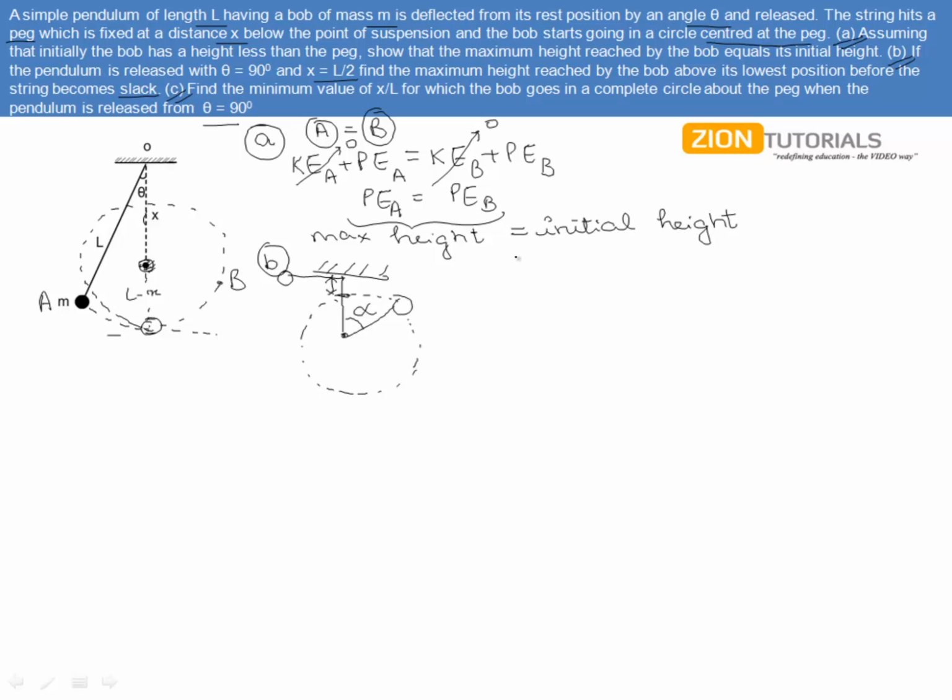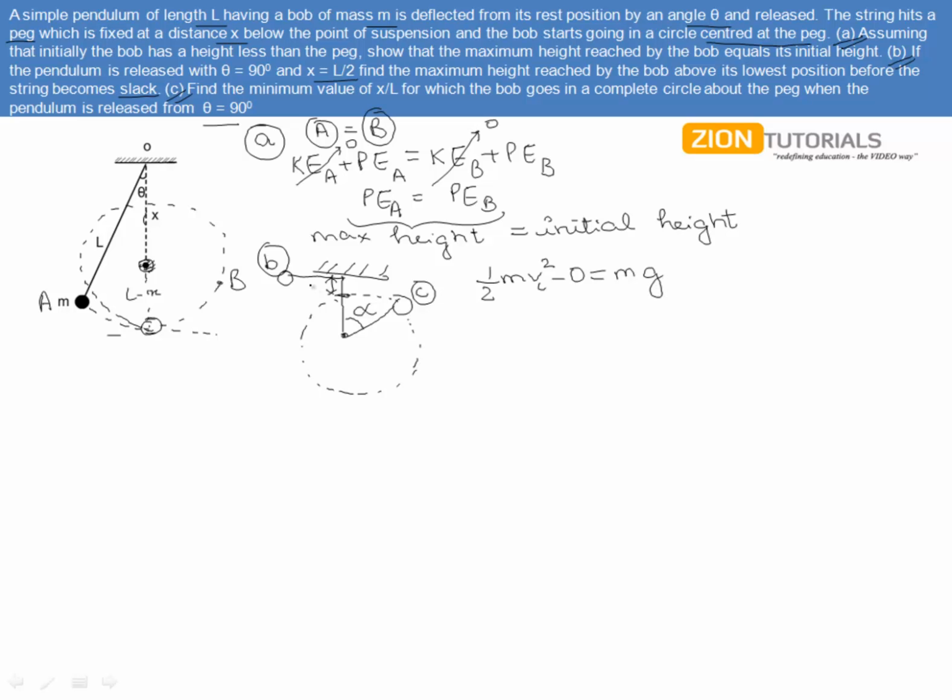So framing the equation here, we can easily say that half m v squared, if this point is assumed to be point C, then half m Vc squared minus the initial kinetic energy, which was 0 because it was dropped from here, equals the work done by the gravitational force, which will be mg into change in height.